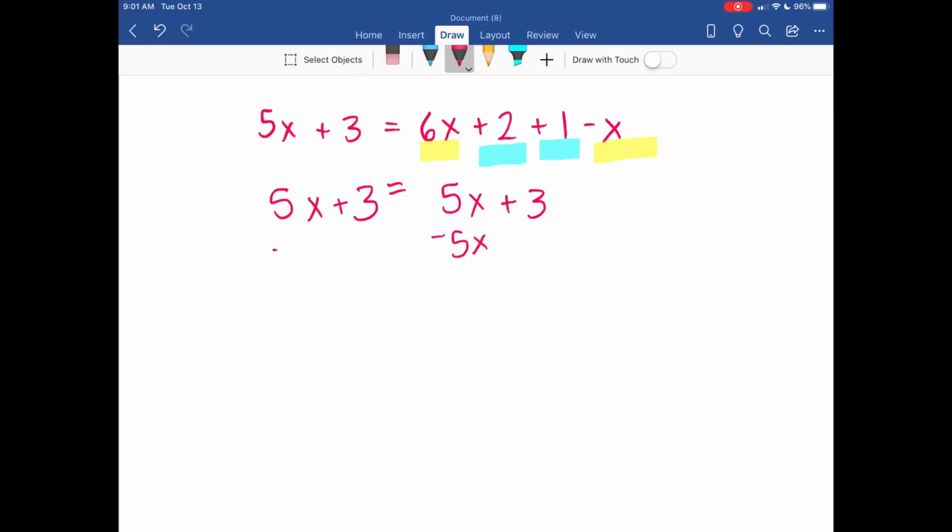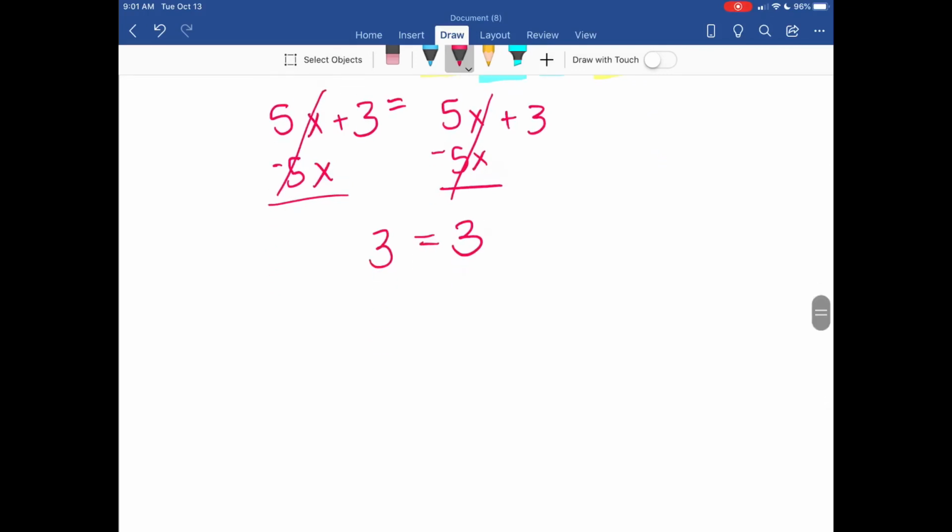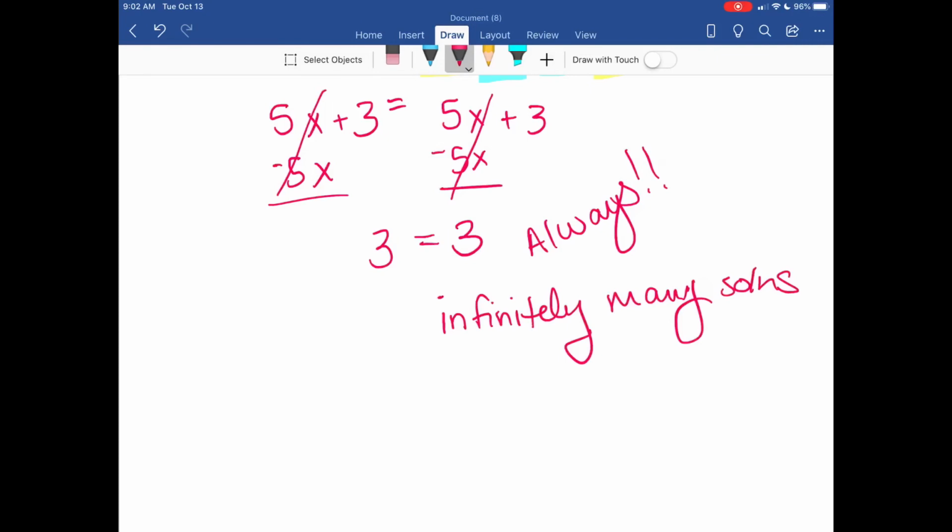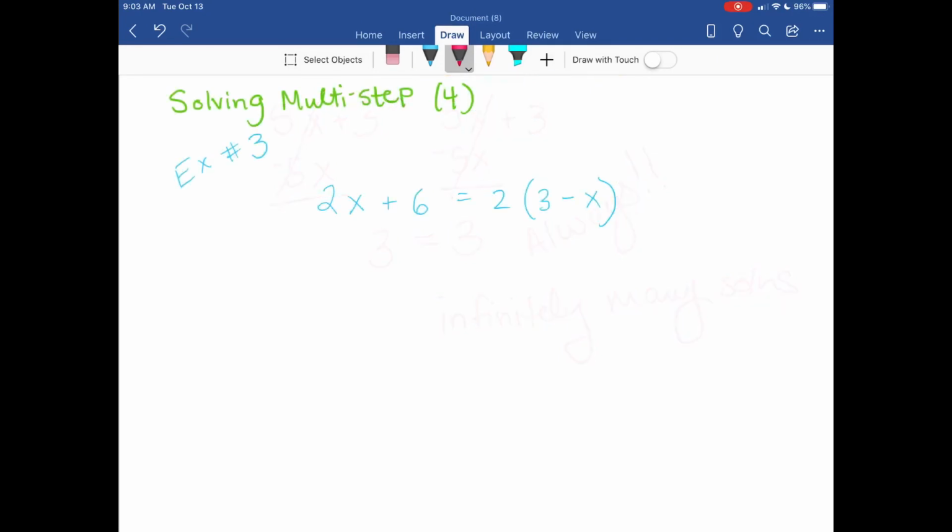But let's just get those x terms together. And we see, again, identical expressions. That's our reflexive property. When is 3 equal to 3? Always. And again, this is when I know that I have infinitely many solutions.